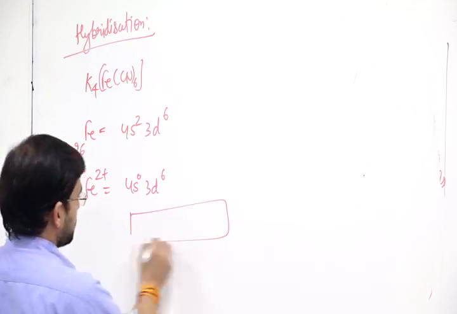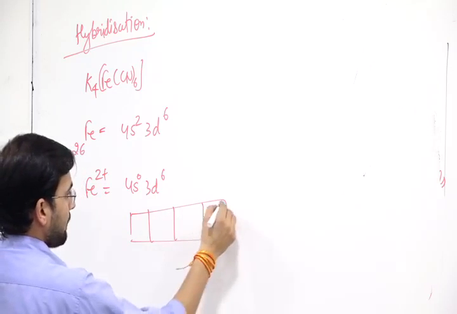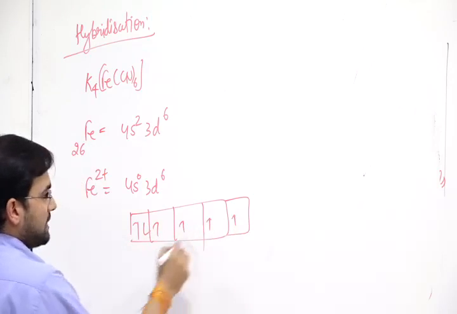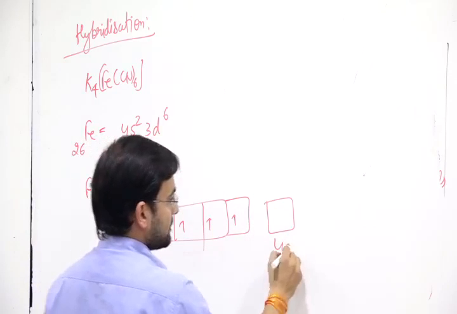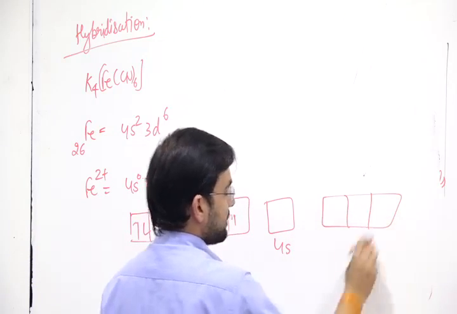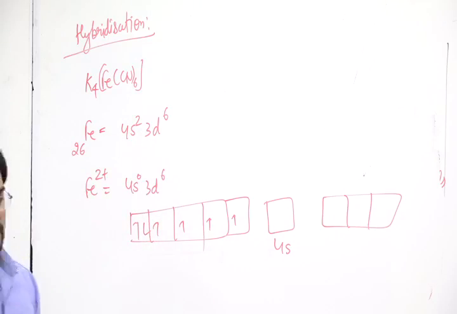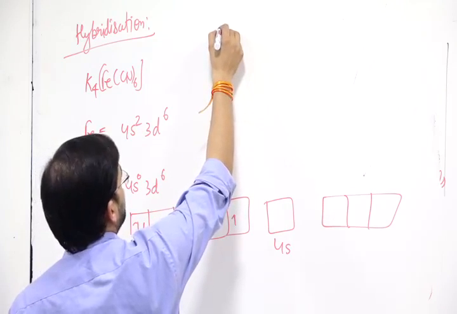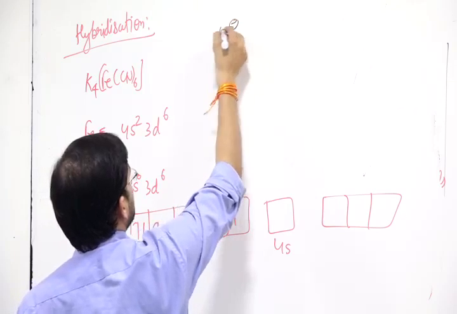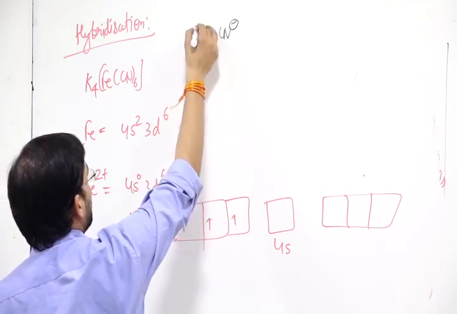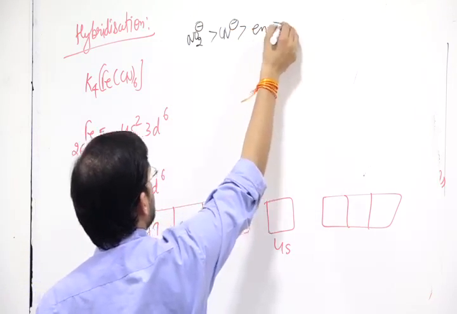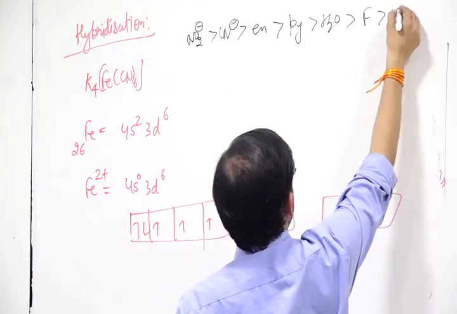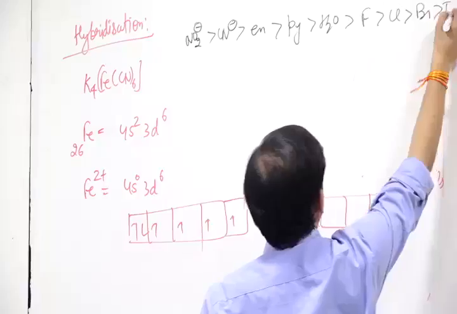Then you will draw a box: 1, 2, 3, 4, 5, 6, 4s, 4p. Okay. Then what happens? Depending on the ligand: CN minus greater than NO2 minus greater than en, py, H2O, F, Cl, Br.